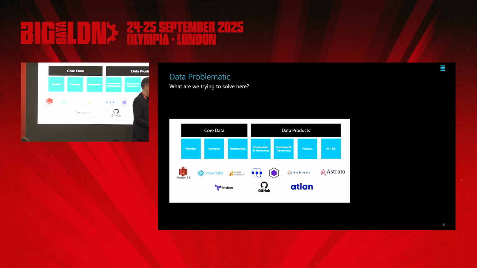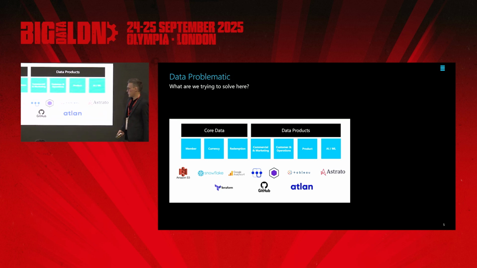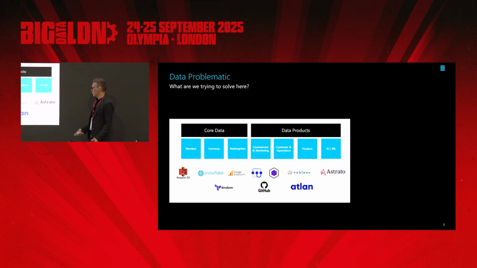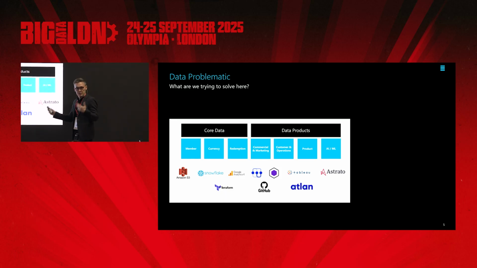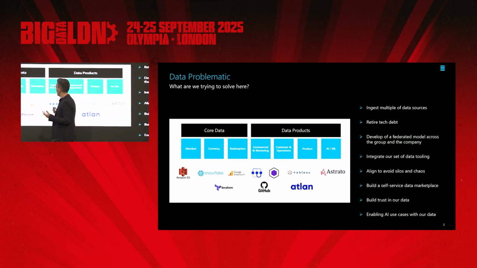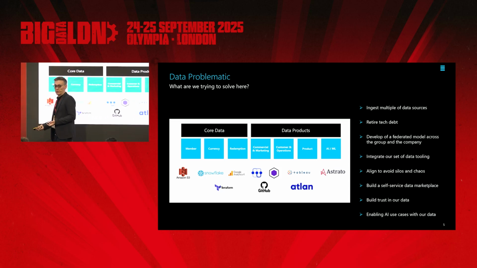I'm going to talk a little bit more about that in the quality sections. BI tools with Tableau and Strato, GitHub to manage our code repository, Atlan, which is our data cataloging tool that I'm going to be talking about as well as part of the governance framework, of course, and Terraform to manage our infrastructure. So, what are the problems that all of these tools are trying to help us solve?